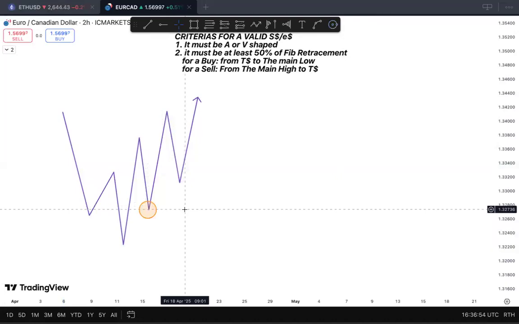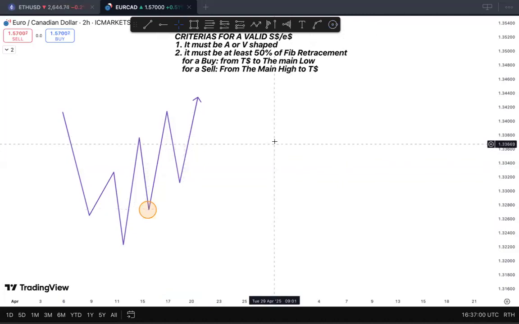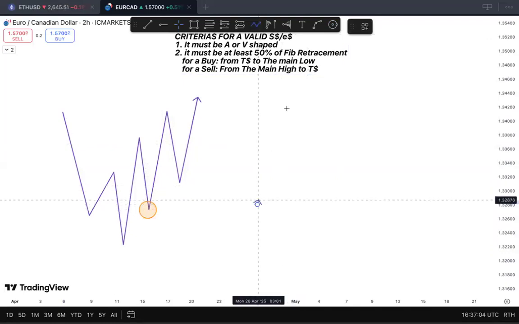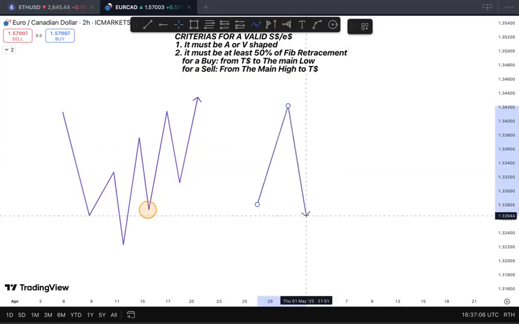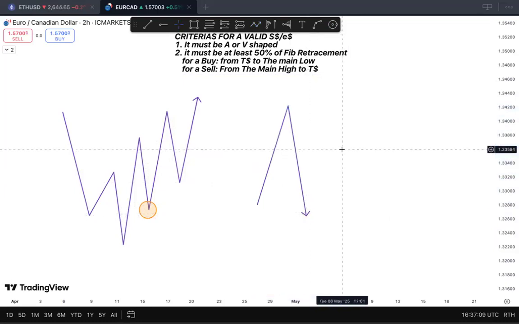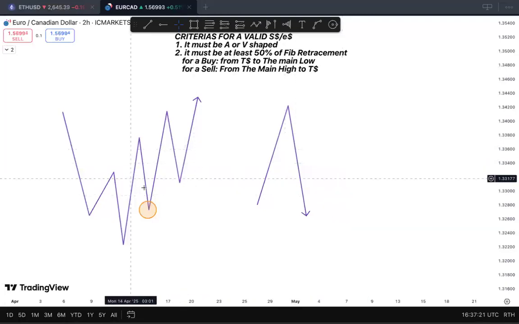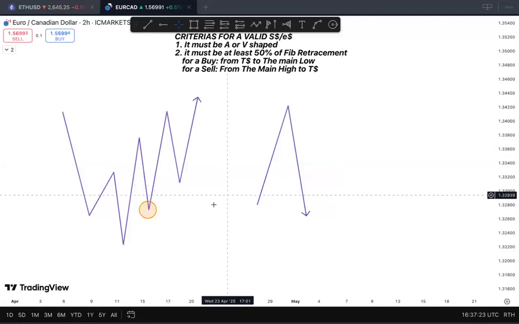First of all, what is the criteria? It must be A-shaped or V-shaped. So for a buy, it must be A-shaped. So what is A-shaped? You know what A is. So this is A-shaped. In other words, it must be obvious. If it is not obvious, it is not a liquidity. It is not a structural liquidity. It must be obvious. Okay? So for this right now, the structure we see that I just drew, it is obvious.